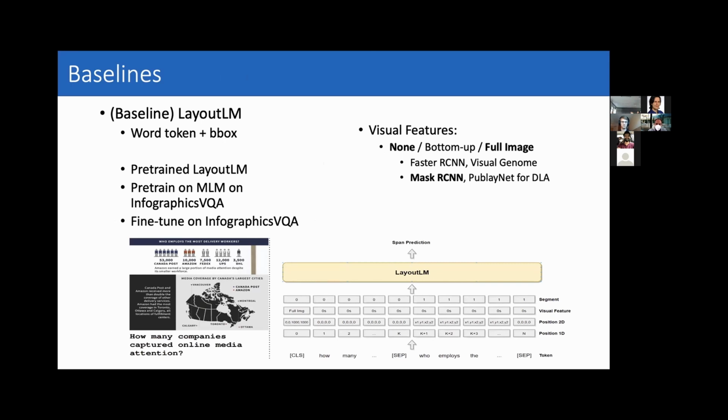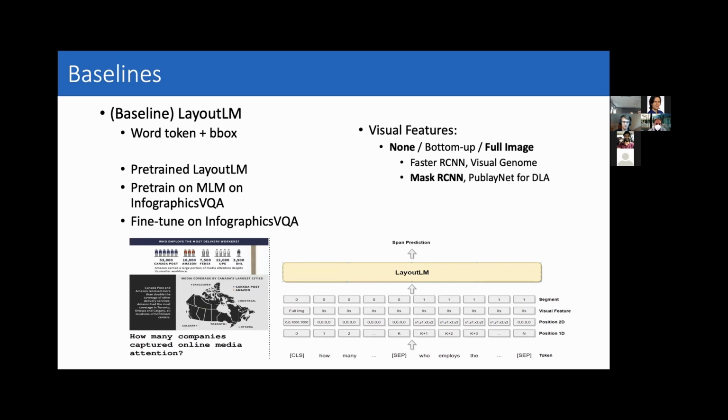The first one is based on the LayoutLM, which is a language representation that takes into account the word position according to its bounding box. We took the pre-trained weights of the LayoutLM, kept pre-training it on infographics visual question answering, and finally fine-tuned it. We also did some experiments with visual features, using bottom-up visual features or using the visual features for the full image.